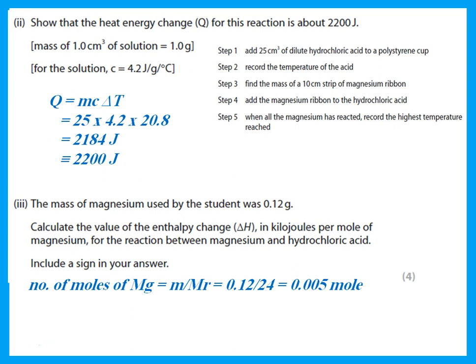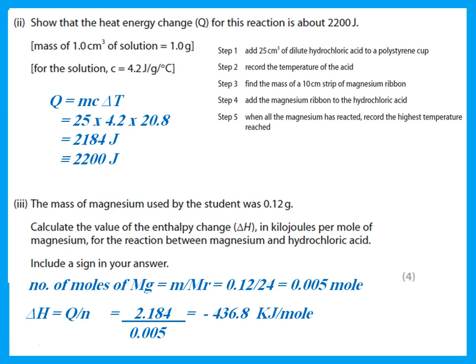So the mass he gives me over the molecular mass of magnesium, that is 0.005 mole. Then I can get delta H. Delta H is Q over N, so it is the Q that we got up there. But remember that what we got up there was in joules. So if he wants it in kilojoules, I have to divide by 1,000 before I put it into the equation. Divided by the number of moles that we got, we get a number 436.8.